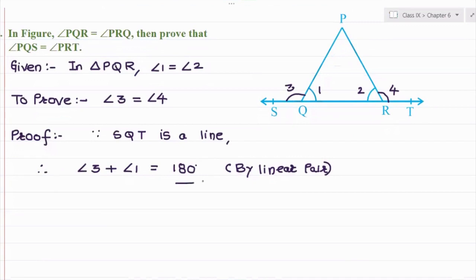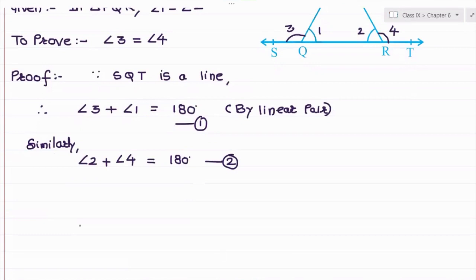Now in a similar manner, if I talk about angle 2 and angle 4, we can say that angle 2 and angle 4 will also have the sum 180 degree. So here we shall write down the second one. Similarly, angle 2 plus angle 4 will be equal to 180 degree. This can also be done in a similar way. Now, equations 1 and 2, observe, they have the same right hand side.